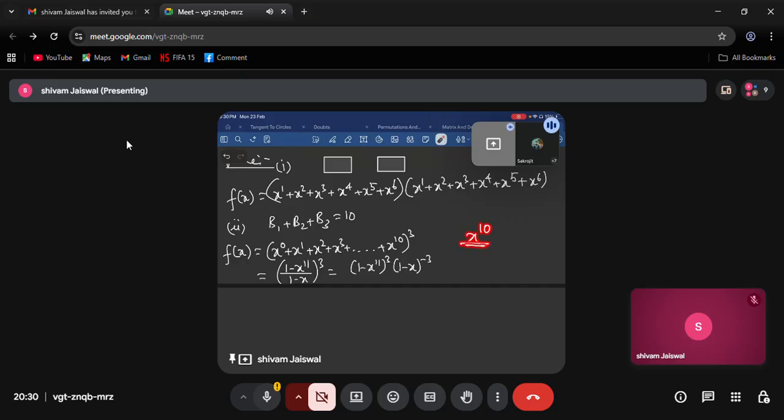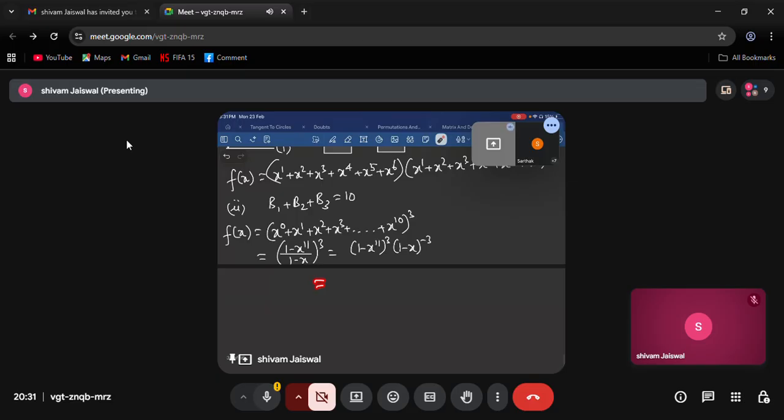So we need to find out the number of all possible ways in which x to the power 10 is formed. Right, Rakti, Anandit, Sarthak, Memel, Devang? If you didn't understand, you ask me. I'll explain. Tell me, Rakti, is it clear? Yes, sir. Okay.